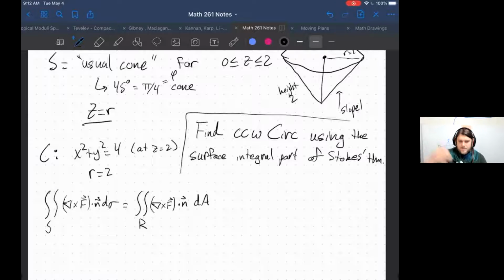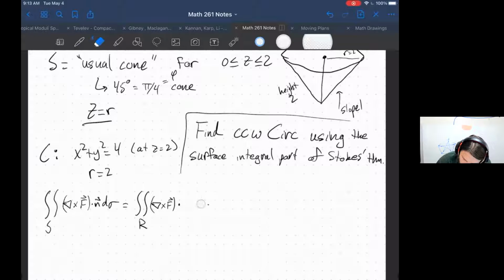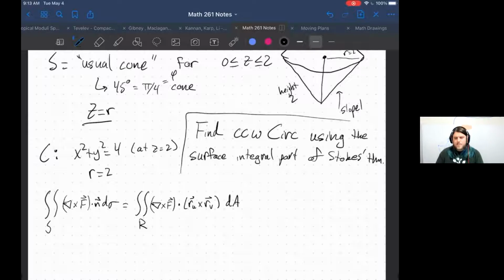The idea is that some magnitudes get canceled out, and then we just have this. Sorry, this is not the n vector. This is Ru cross Rv. Right, so a lot of cross products in these integrals.